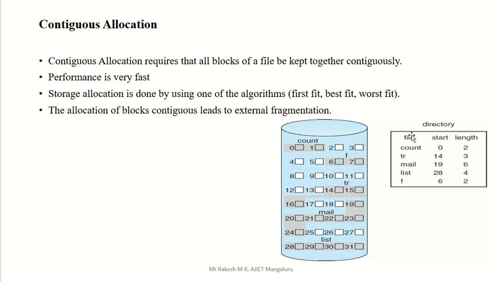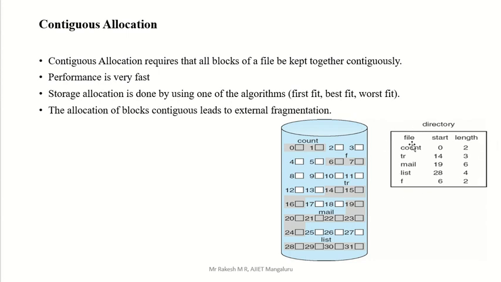Now here we have a directory table. Here count is the file name. That file starts at 0 and its size is 2. So the meaning of this is we are going to create a directory that contains all the information about the file.